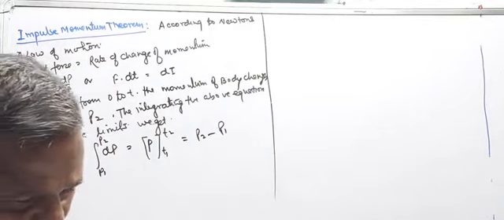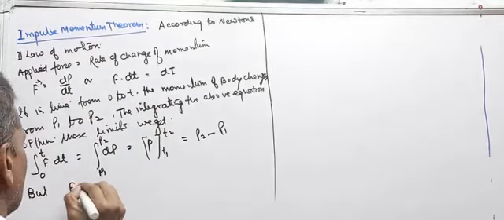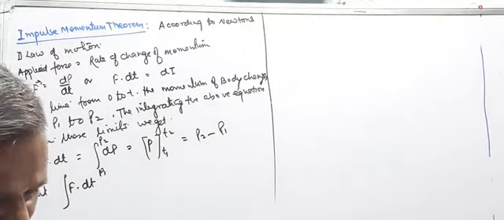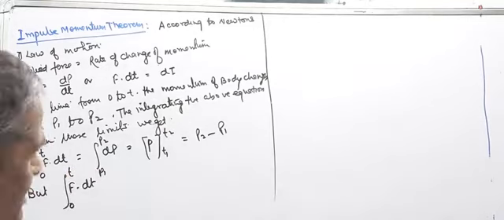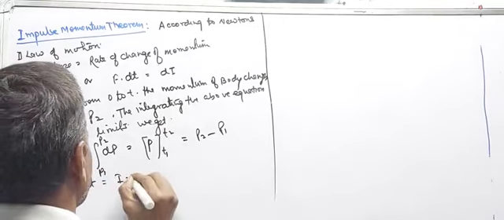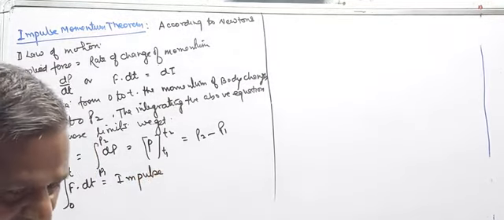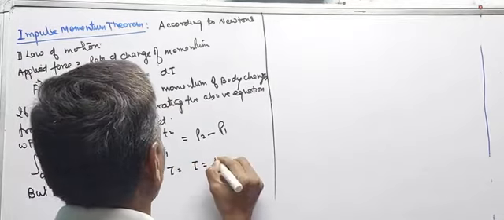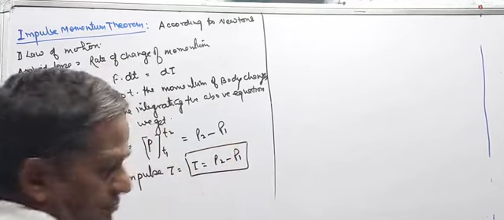But integral F dot dt from time 0 to t is the impulse I, then I equal to P2 minus P1.